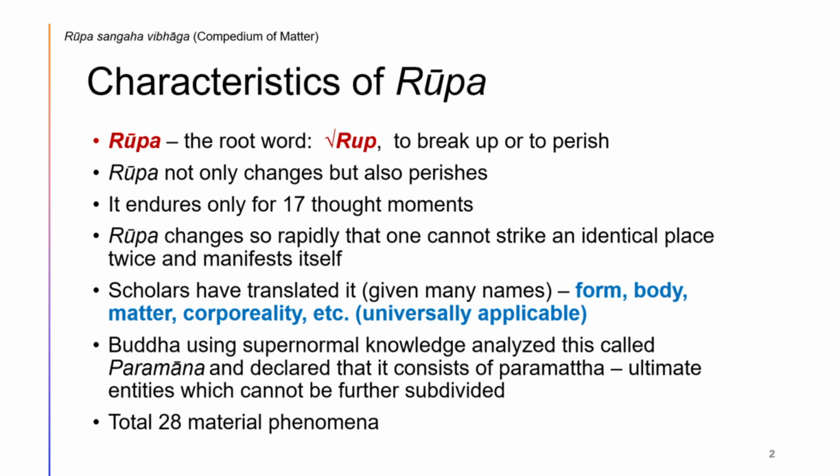This Pali word, paramāṇu, means what the human body is made of, these ultimate entities which cannot be further subdivided. The Buddha was able to see with his supernormal power that the human body can be broken down until what today we call atoms, electrons, and so on. He saw that kind of phenomena without science. That's why he claimed that there is a total of 28 material phenomena.